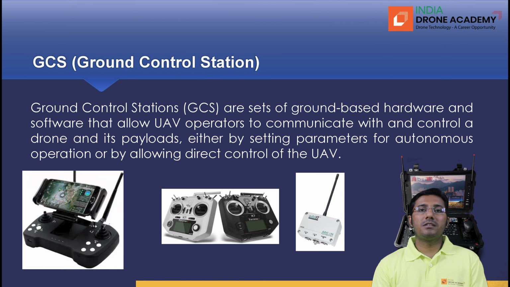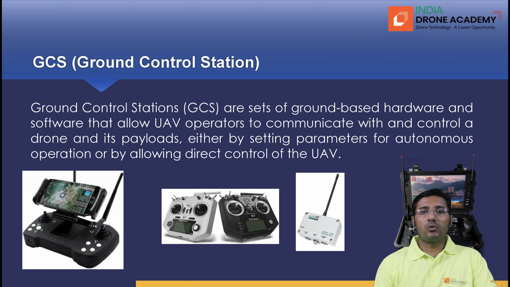GCS, the full form of GCS, is ground control station. I was studying that these drones are part of a UAS, meaning unmanned aircraft system, and unmanned aircraft systems have three important parts. One is the unmanned aircraft, which is also known as a remotely piloted aircraft, then we have the ground control station, and the third is the command and control that helps you connect your drone to a ground control station.